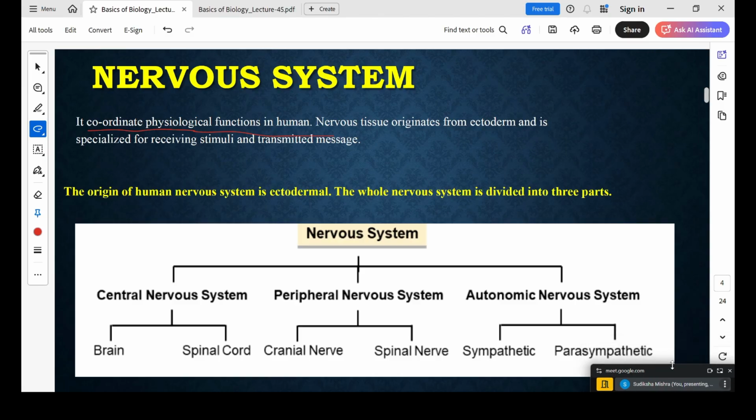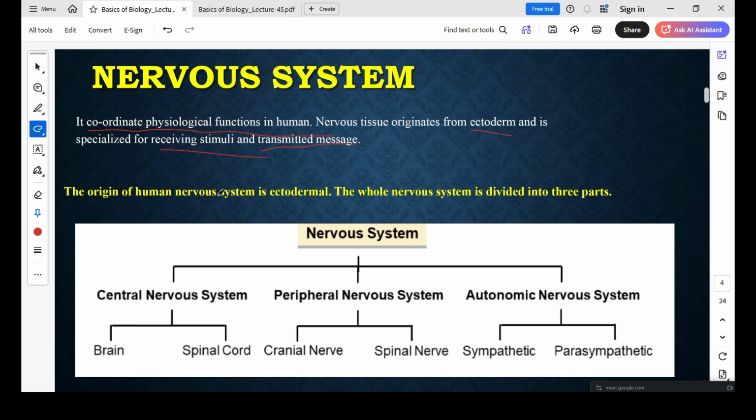So, in case here, the nervous system originates from the ectoderm. The particular function that nervous system is responsible for is receiving stimulants and transmitting messages.